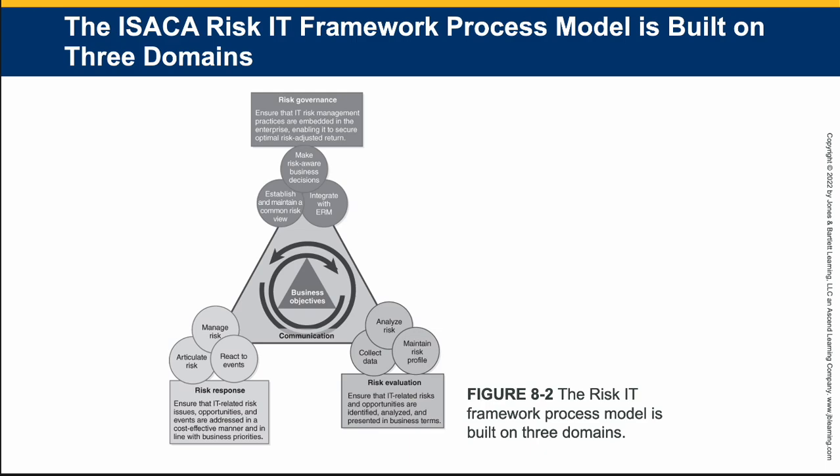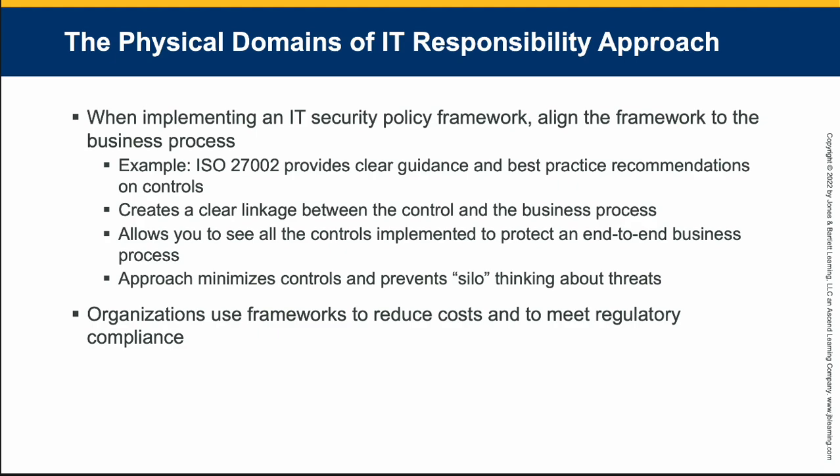So, for example, take a look at the physical domain of the IT responsibility approach. This is using ISO 27002 for best practice. This is basically to create a clear linkage between control and business process, and allow end-to-end business process, or a silo.